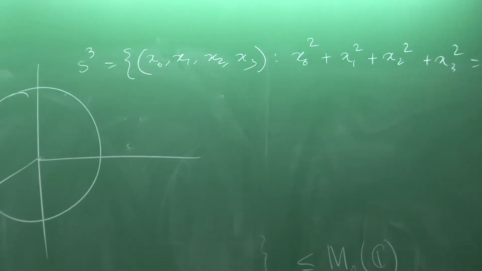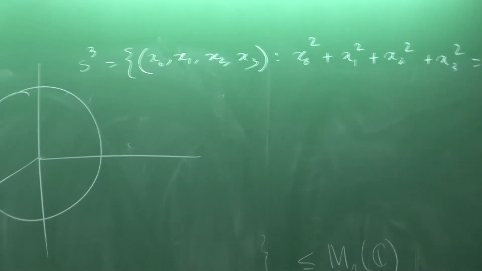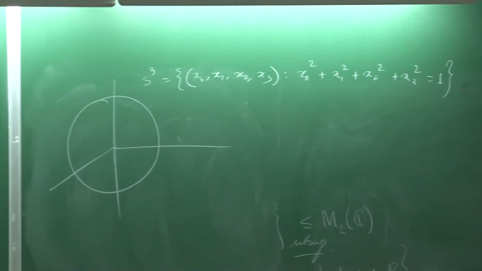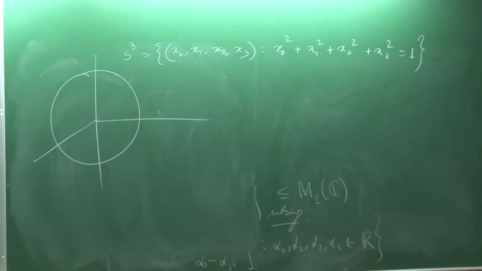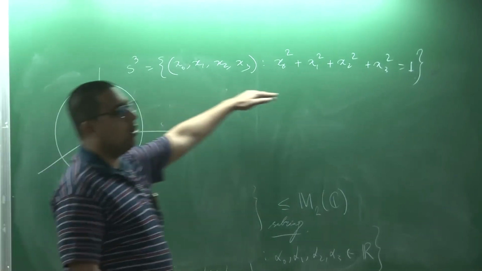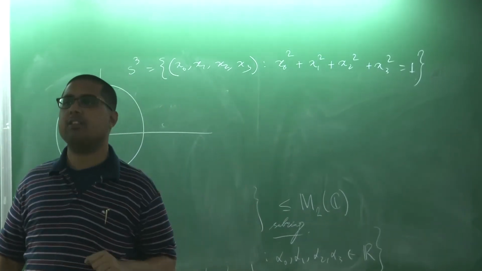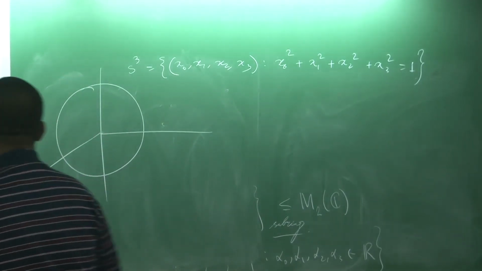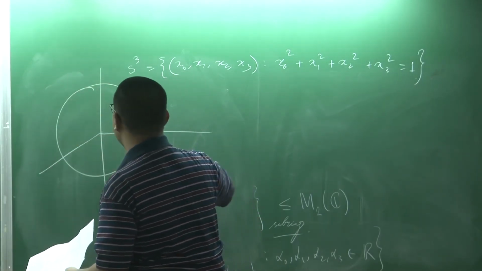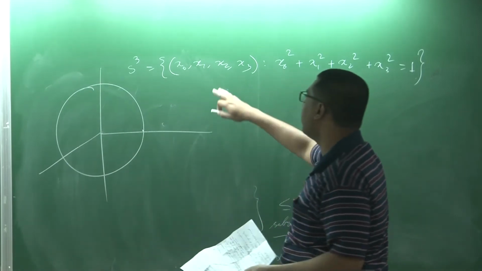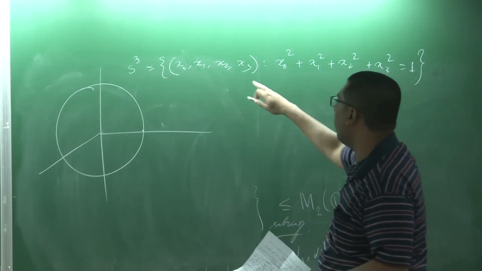So this is a group. This group can thus be geometrically identified, by means of the bijection, with this very concrete geometric object, namely the 3-dimensional sphere. So remember that this consists of all unit vectors in R4, right?